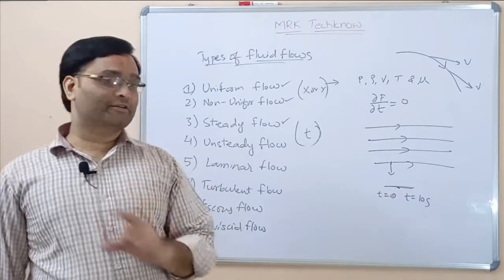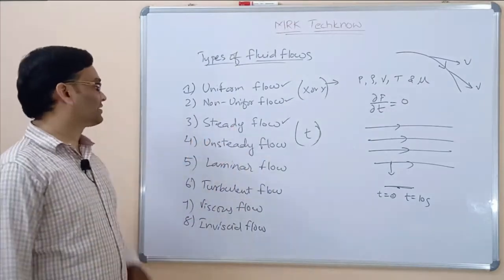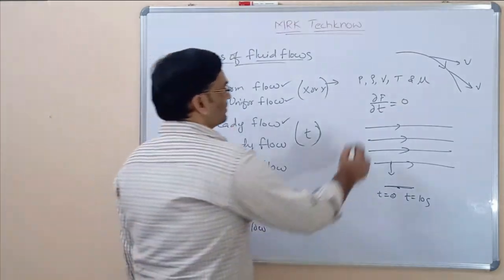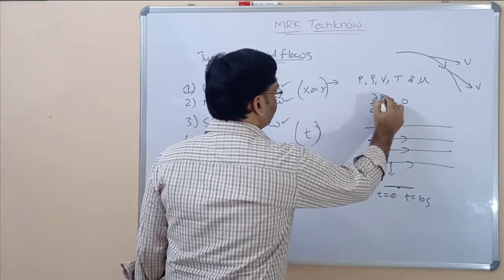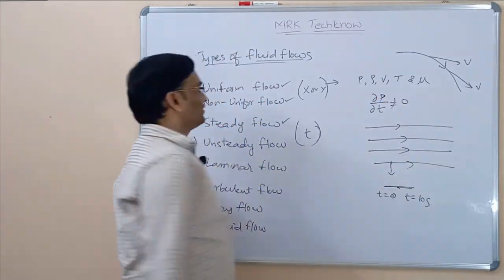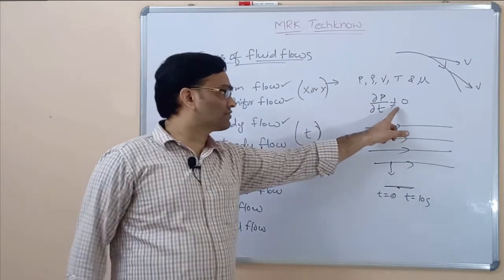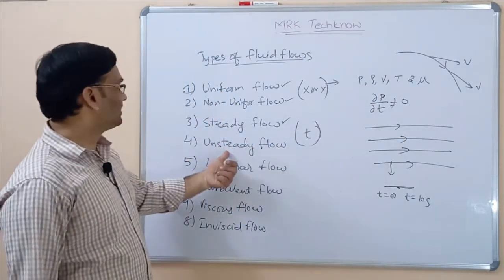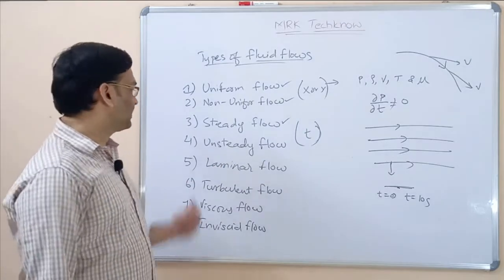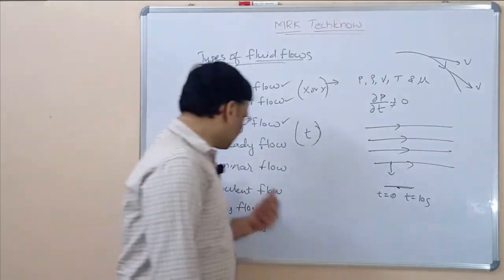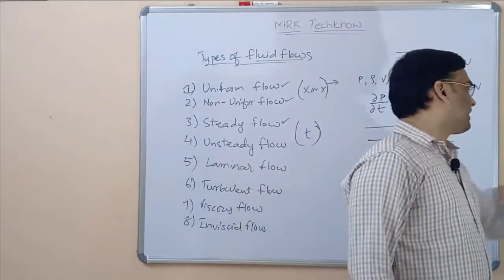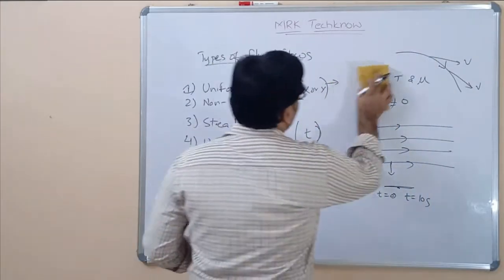If it is changing and not remaining constant, another way of representing it is that any property's derivative is not equal to 0, and you call it unsteady flow. Unsteady flow, steady flow.